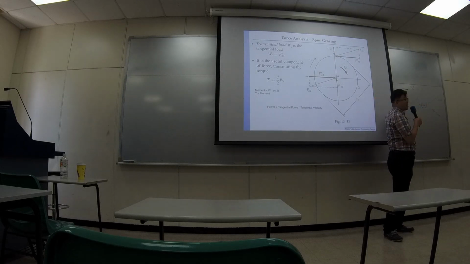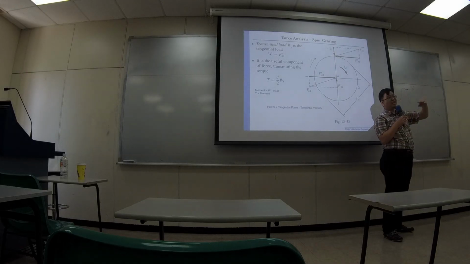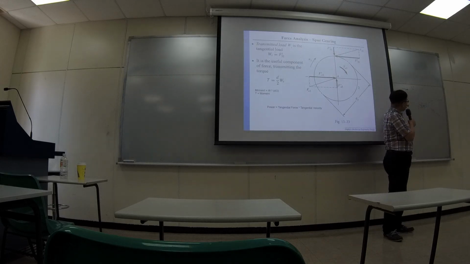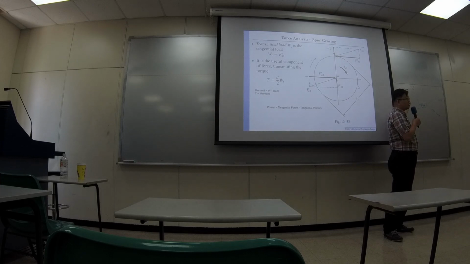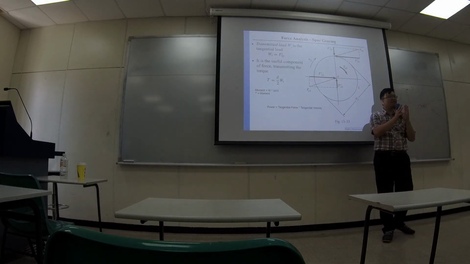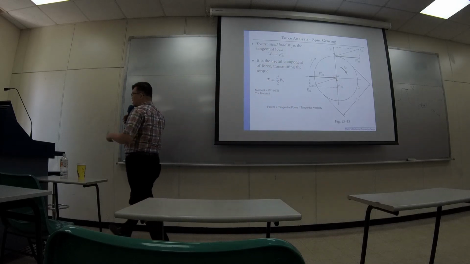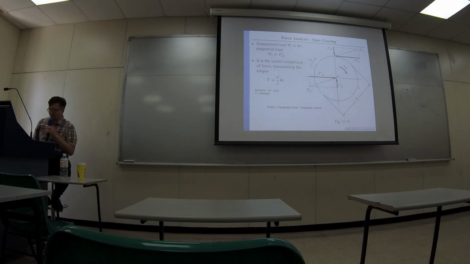So the tooth could break. Whatever we learned about force analysis for a beam can somehow be applied to the teeth. But the tooth doesn't have a constant cross section, so the analysis is quite different. I'm going to show you what's going on.